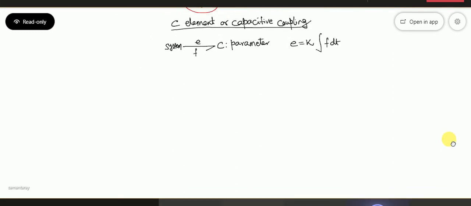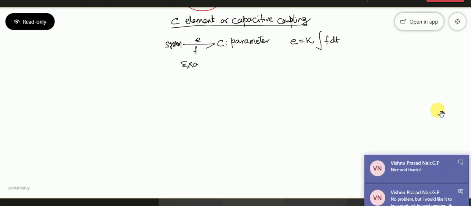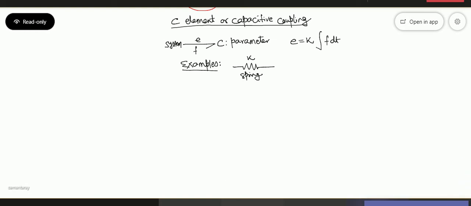Or you can write it in its differential form. So examples: a simple spring, or a torsion spring.